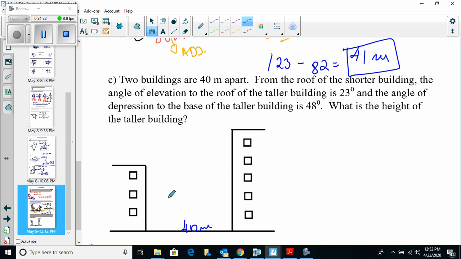Now from the roof of the shorter building, you will draw a horizontal line. The angle of elevation to the roof is 23. So this is 23.